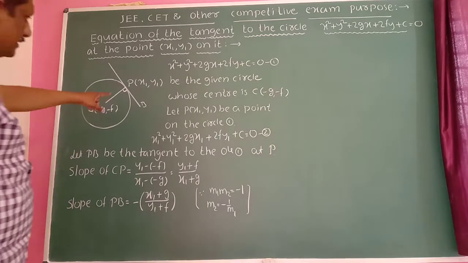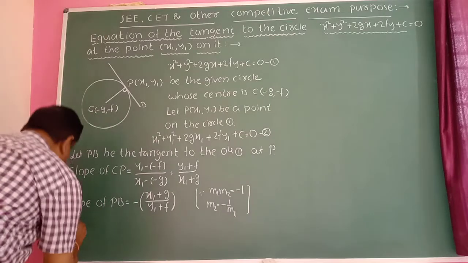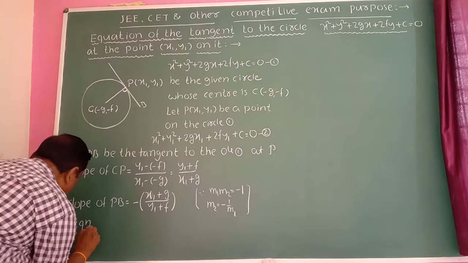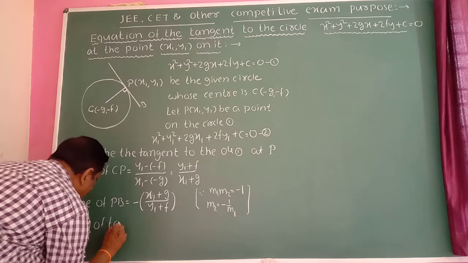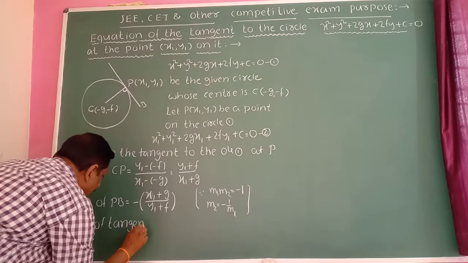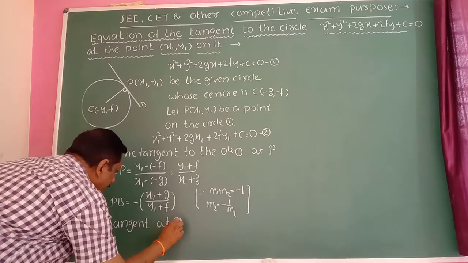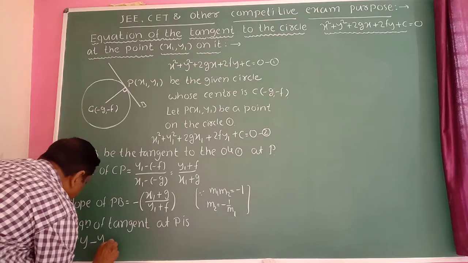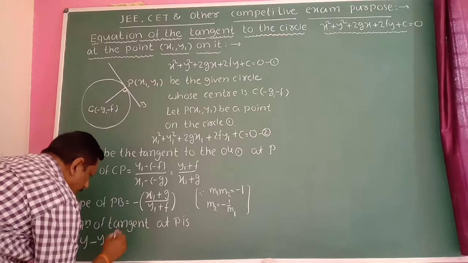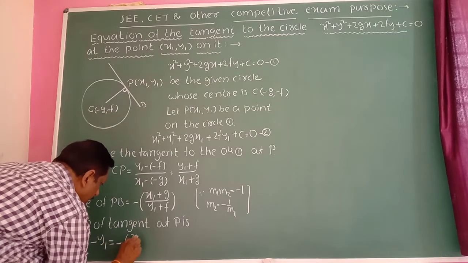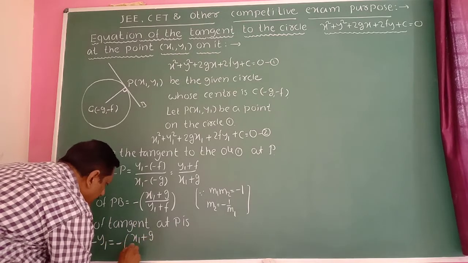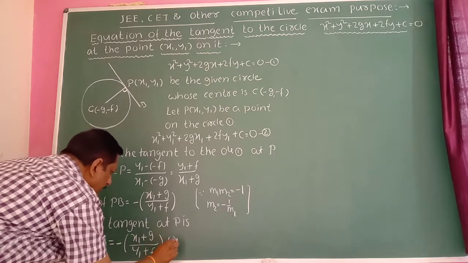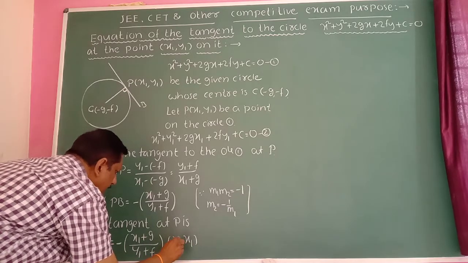Therefore, the equation of tangent at P is y minus y1 is equal to the slope, which is minus of x1 plus g divided by y1 plus f, into x minus x1.